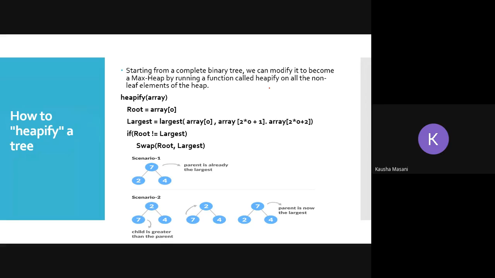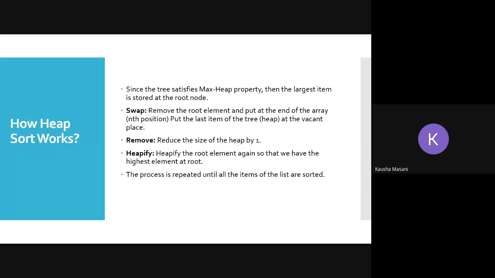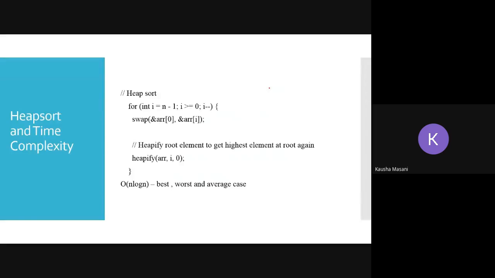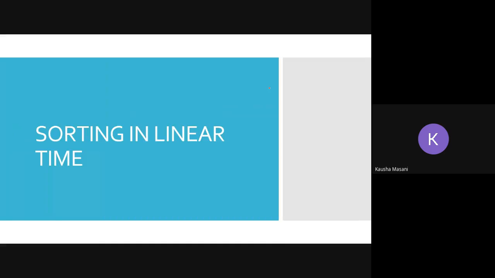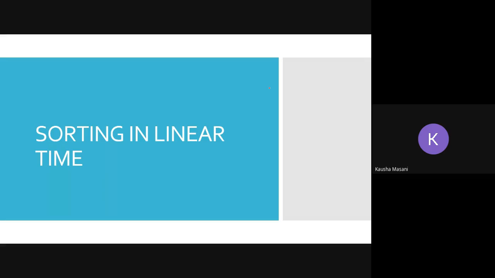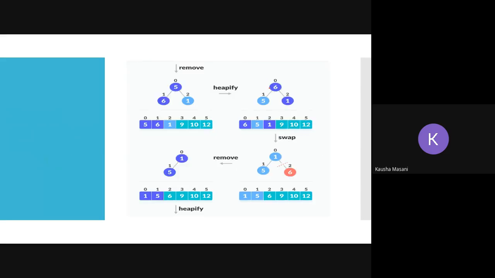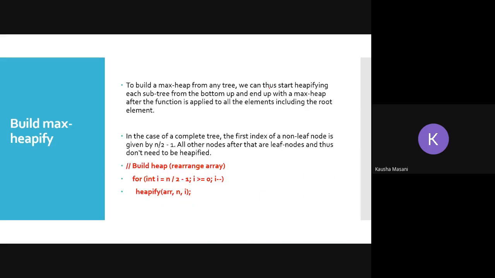Along with this algorithm of heap sort, we will also cover, I guess the first radix sort we can take, sorting in linear time. These two topics we are going to cover in your next session: radix sort and everything about your heap sort.